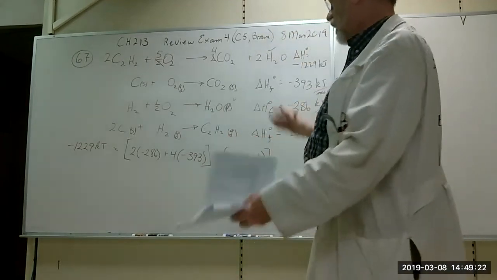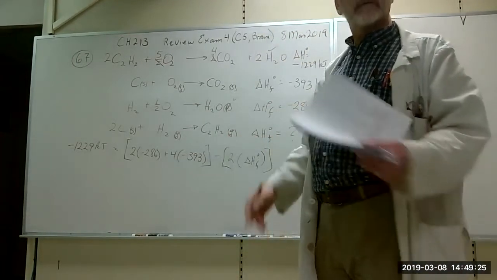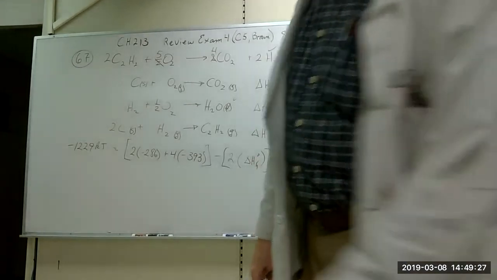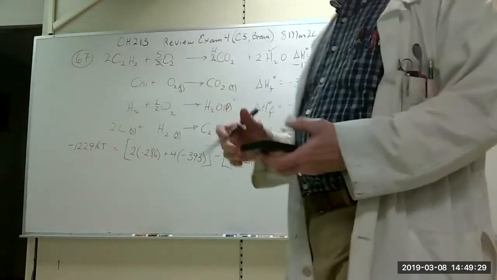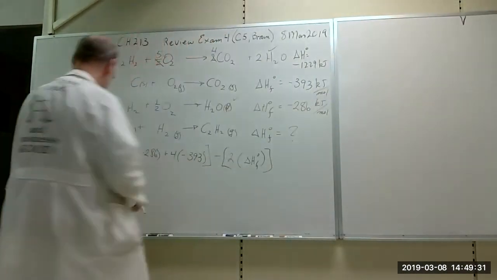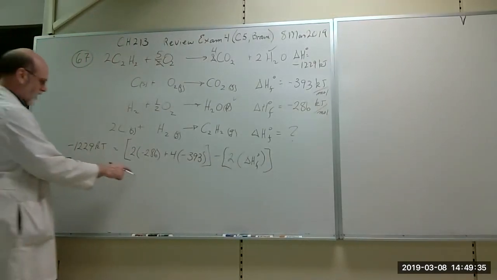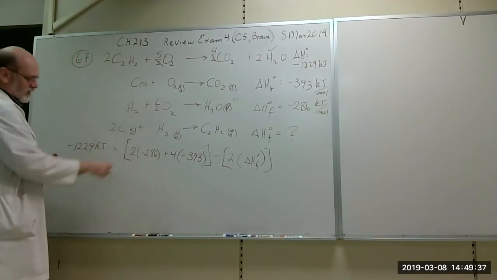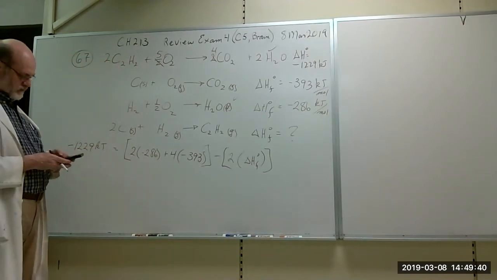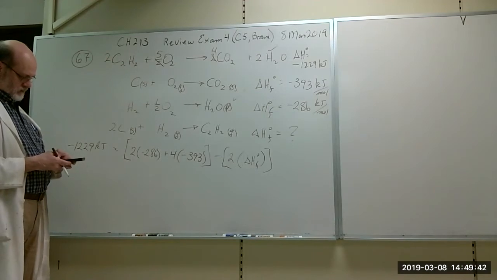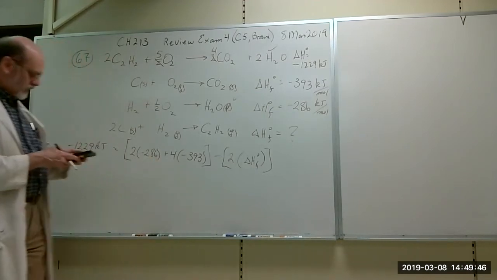So now we have an equation in 1 unknown, we can solve it. Can't we? Theoretically, we can solve this problem. So let's resolve this term right here. So 2 times minus 286. And then 4 times minus 393.